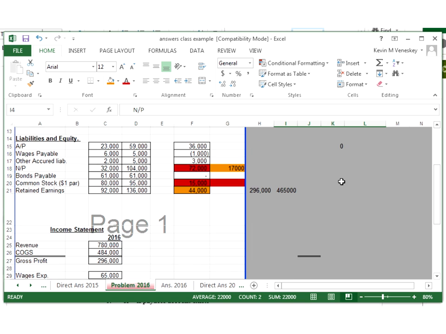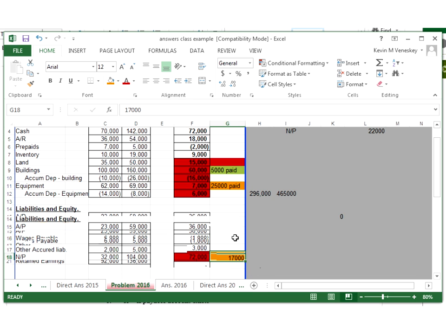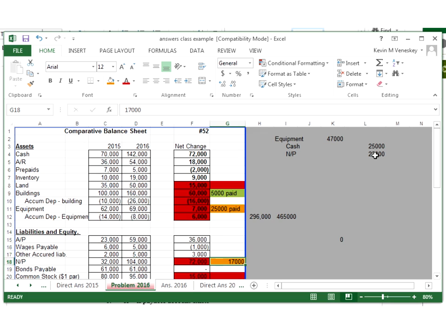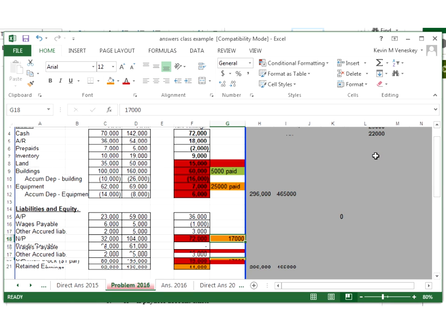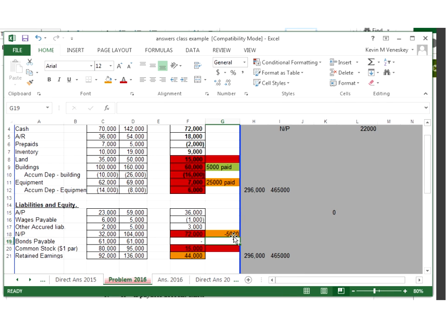Also, I've now looked at another $22,000 of my note. Well, I only had 17 left. I'm actually going to bring this down to a -5. So I had 17,000 addition to my note payable, but I've now accounted for more than 17,000. So in reality, my note at this point has gone down by -5,000. $5,000 reduction somewhere.